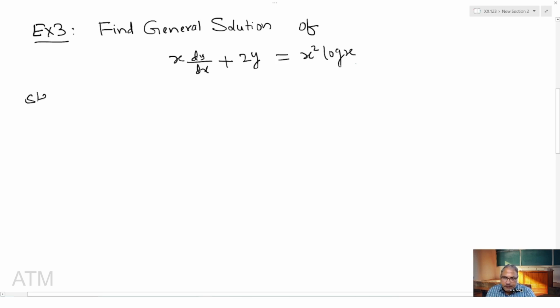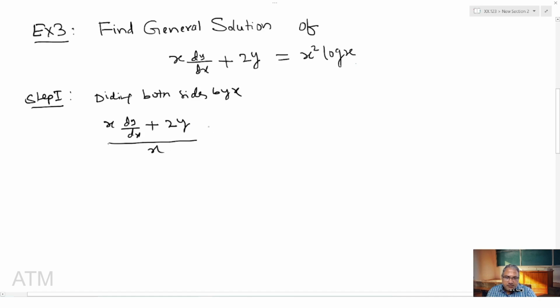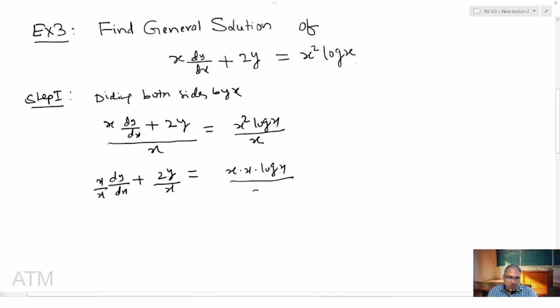So step 1, to solve this differential equation, dividing both sides by x, so that dy by dx is not multiplied by any variable, upon x equals x square log x upon x. So we get here dy by dx x upon x plus 2y upon x equals x square log x upon x.